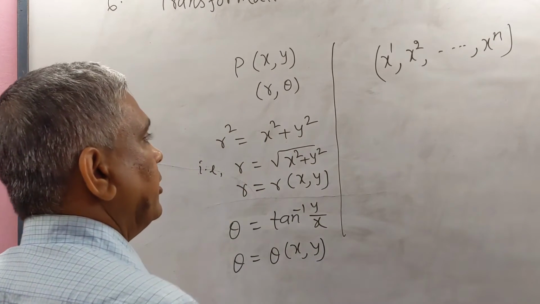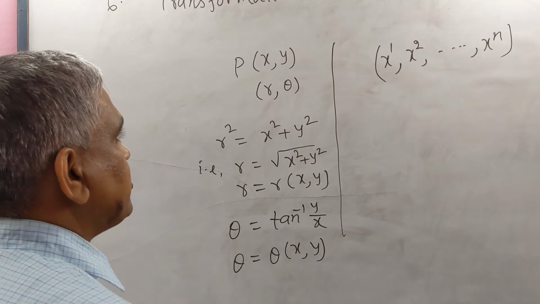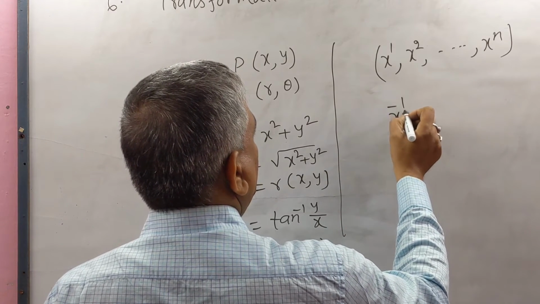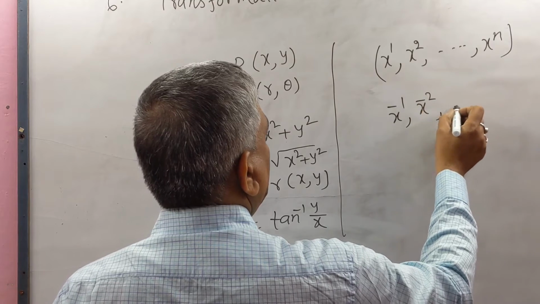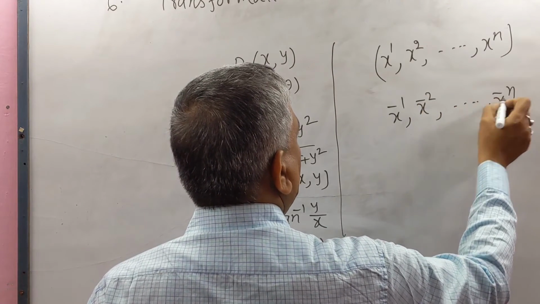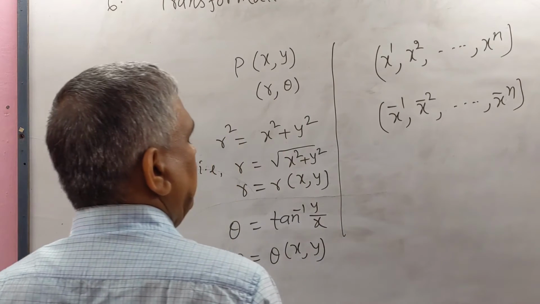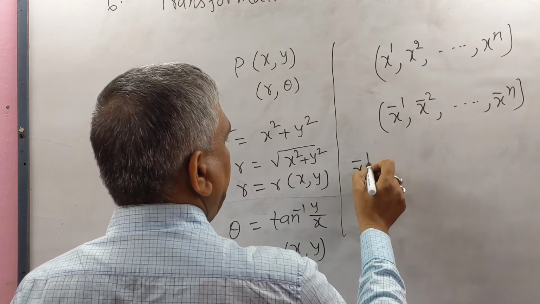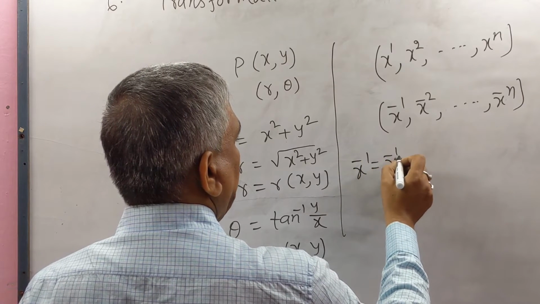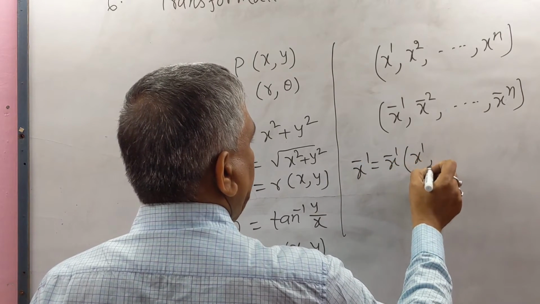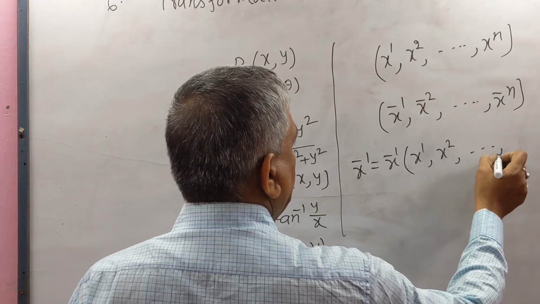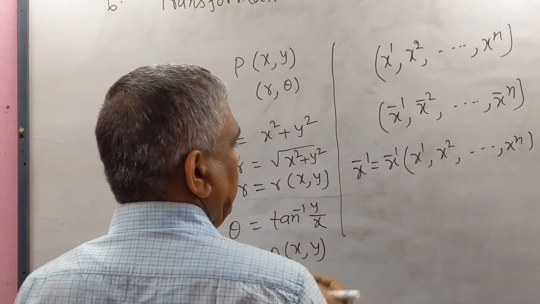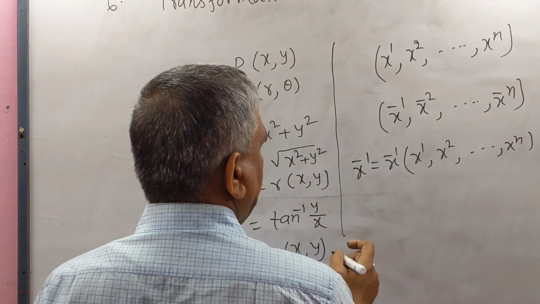The same point in the x bar system of coordinates is represented by (x bar 1, x bar 2, ..., x bar n). The relation between the two systems of coordinates is x bar 1 equal to a function of x1, x2, ..., xn.